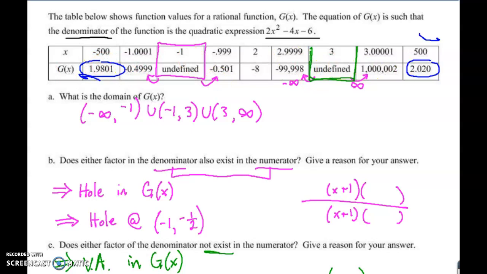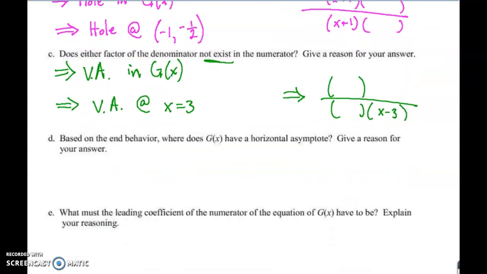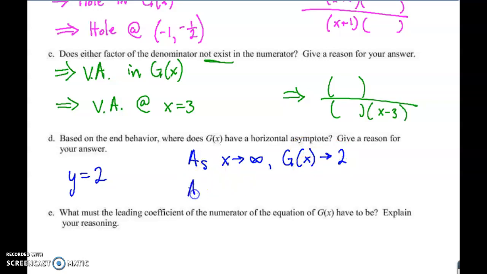One's below, one's above, but we can for sure say that the horizontal asymptote would be y equals 2, and I want the end behavior. As x approaches infinity, g of x is getting closer and closer to 2, and same thing as x approaches negative infinity, g of x is closer and closer to 2.